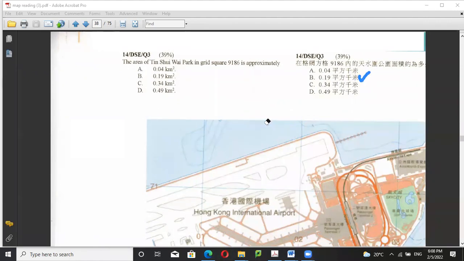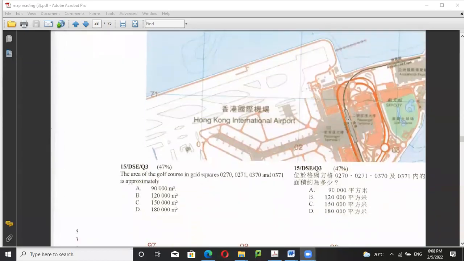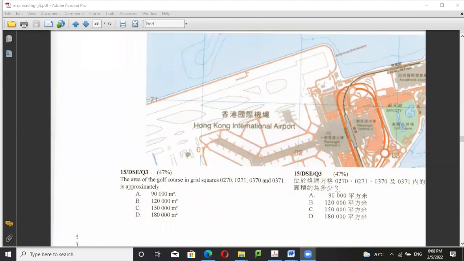Then next. This one is quite tricky. It is asking you how to change it to square kilometers, but just using this method will be fine. 1 kilometer equals to how many meters? 1,000 meters.